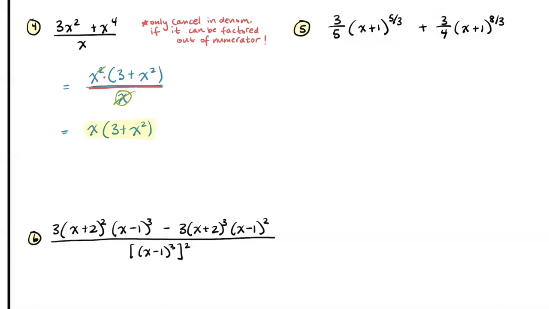You might think that this introduces a lot more complexity, but really it doesn't. We have a number times variable stuff to a power, plus another number times the same variable stuff to a different power. It's actually very similar in structure to example number 1, 2, 3, even the numerator of 4.